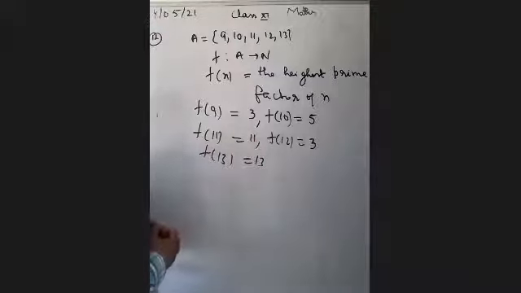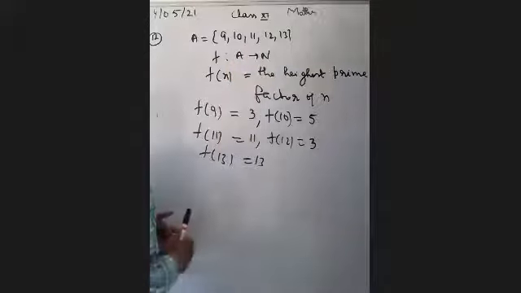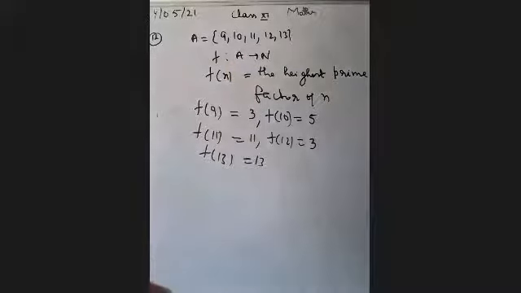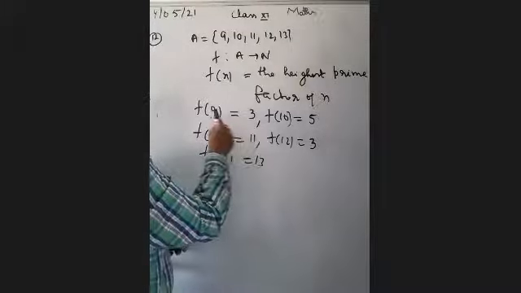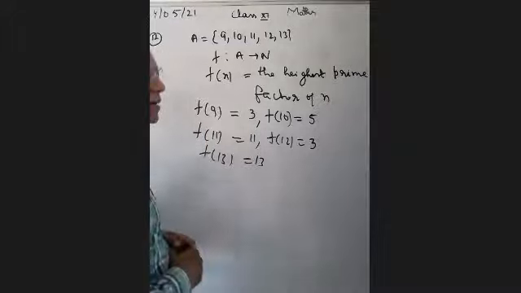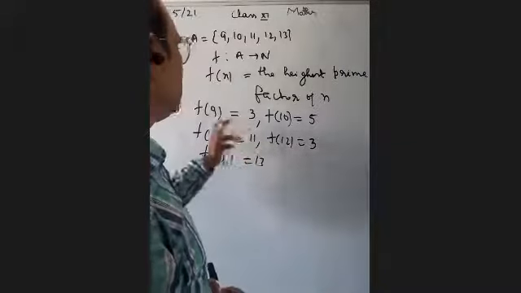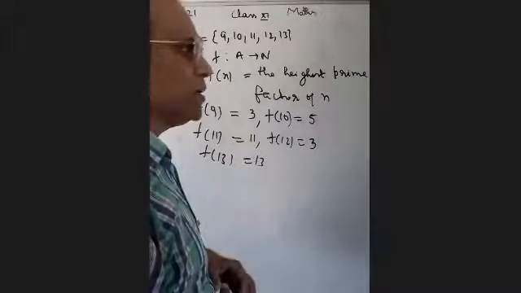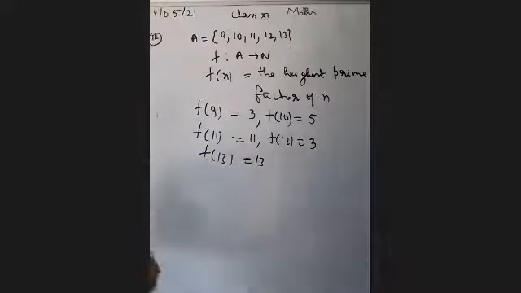Function is a rule which associates every element of set A to a unique element of set B. यानी कि unique element होना चाहिए, f(9) is equal to 3 है. ऐसा ना हो कि f(9) की दो different images, if we find then we say it is not a unique image, but two different elements can have the same image. If two different elements have the same image, we say that it is a many one function.